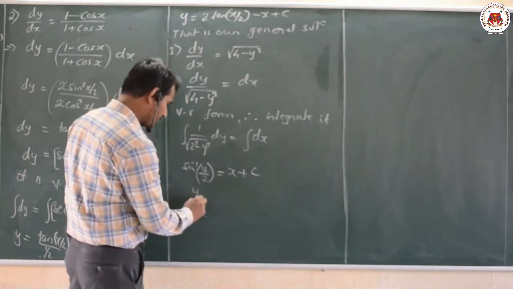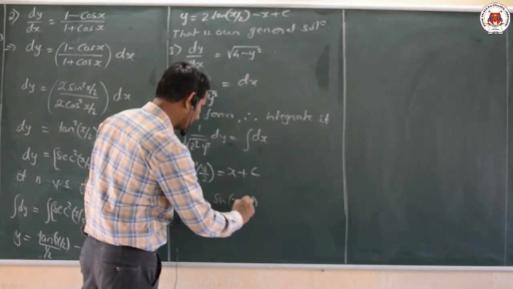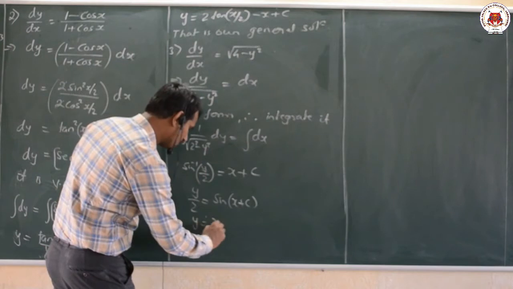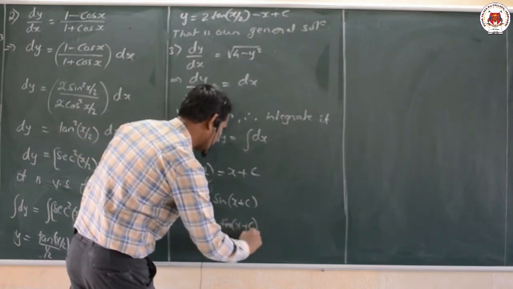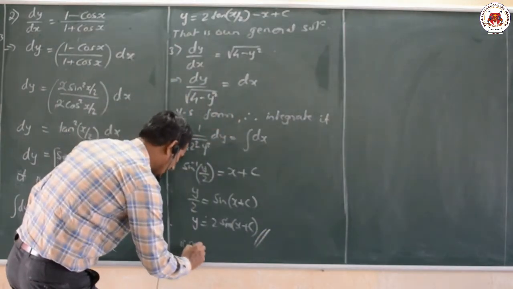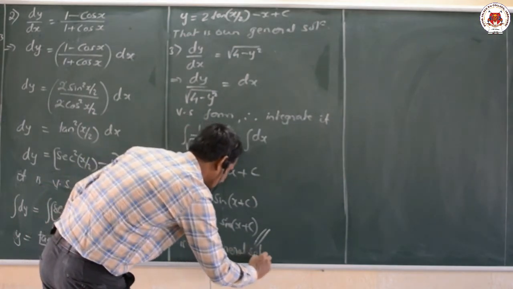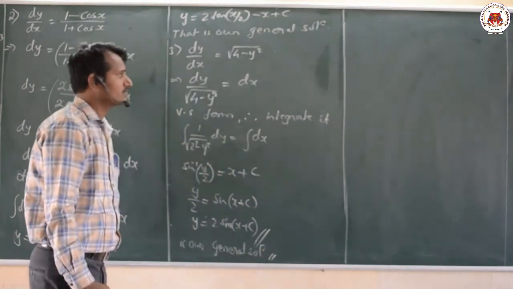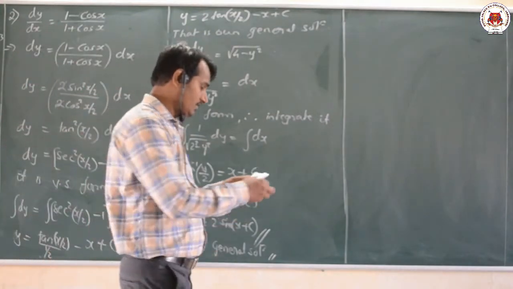So y by 2 is equal to sine of x plus c, and therefore y is equal to 2 sine of x plus c. That is your required general solution. Very simple problems like this will be asked in your examination.